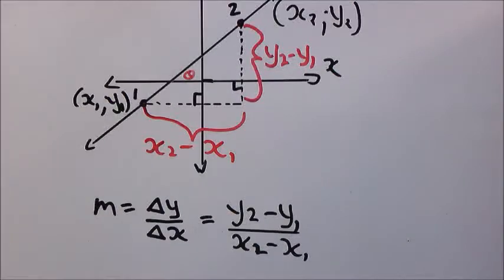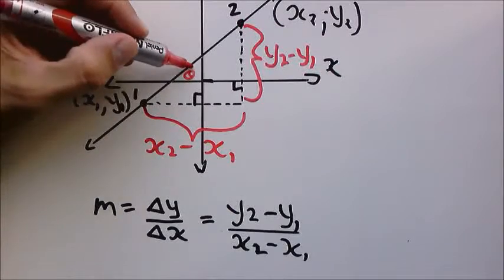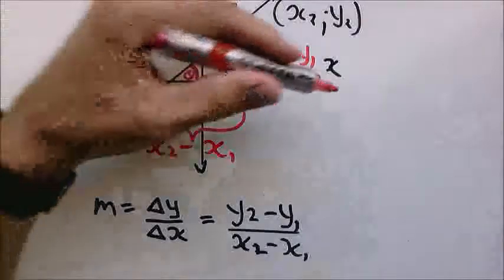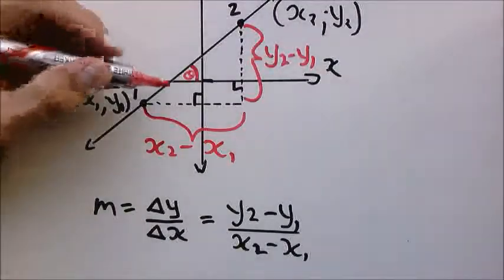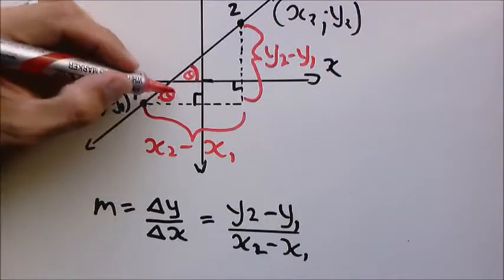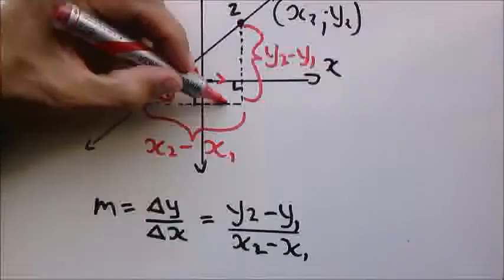But I want you to understand the following: if theta is the angle made with the horizontal, the x-axis, that means this angle right over here will also be theta because we have parallel lines.